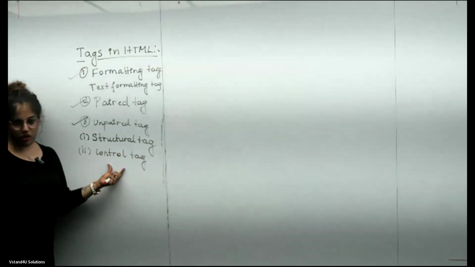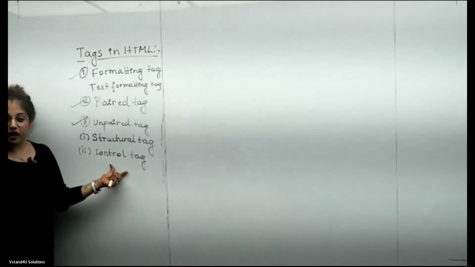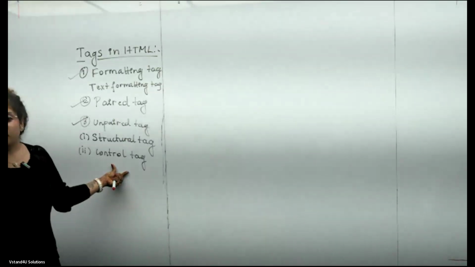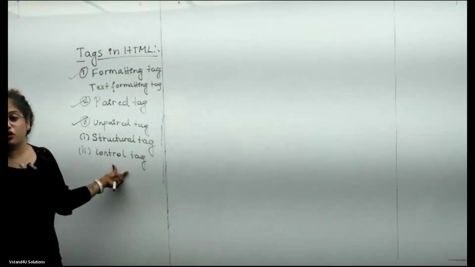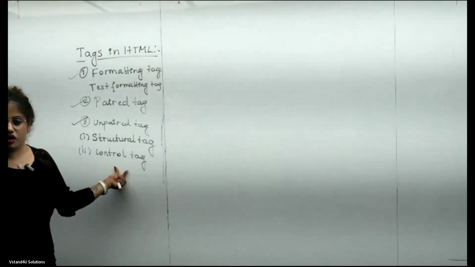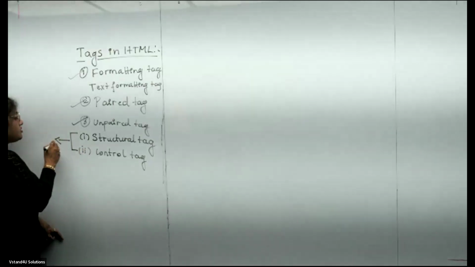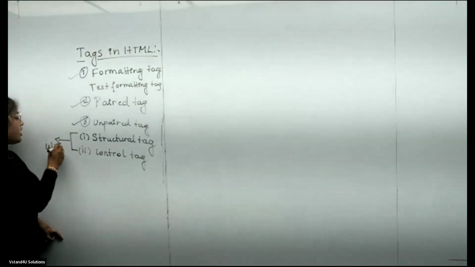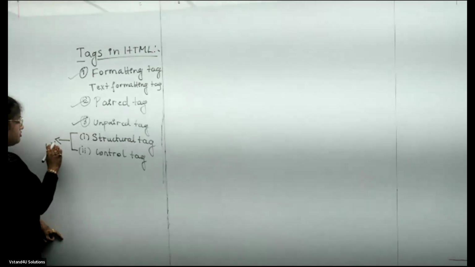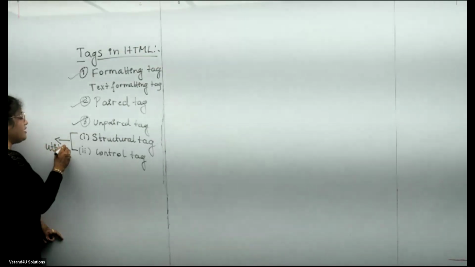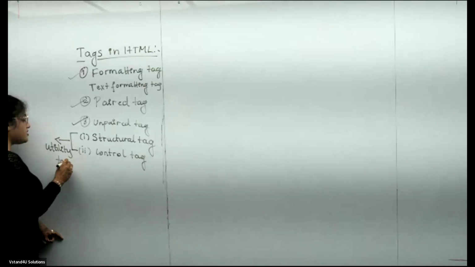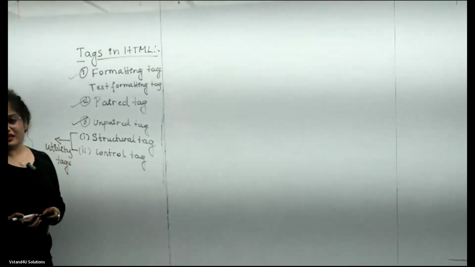You have heard about this? Control tag, control attribute. Control tag is different, control attribute is different. So these two tags are called utility tags.